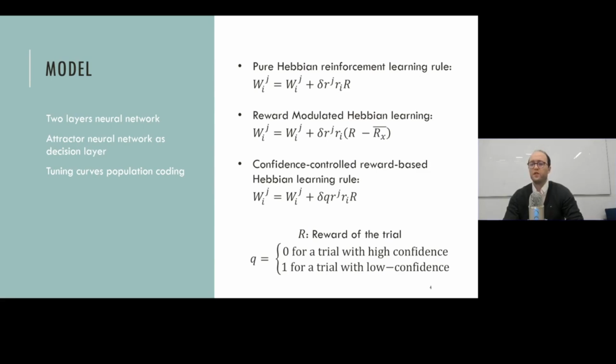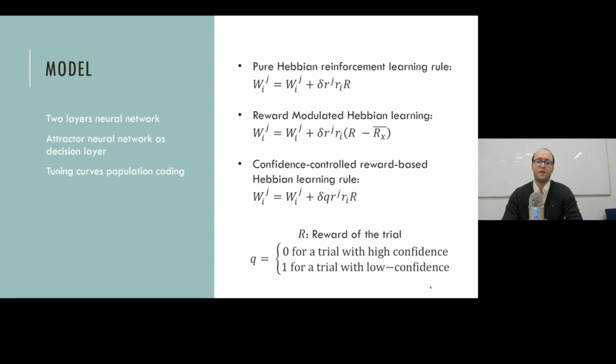By confidence in the network, I mean the difference of activity between the winning and the losing population at the time of the decision, meaning that a high difference corresponds to a high confidence trial, and a low difference corresponds to a low confidence trial.